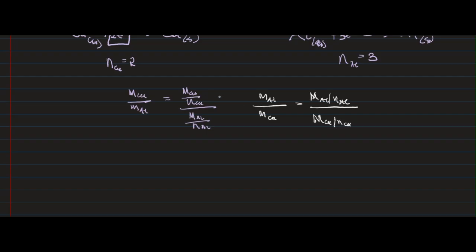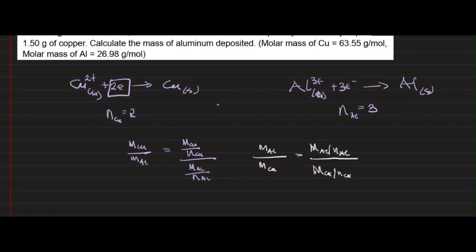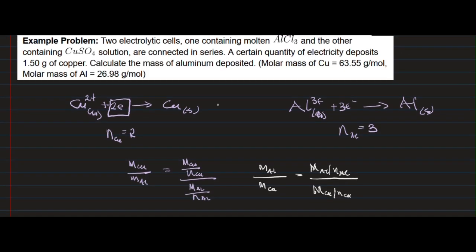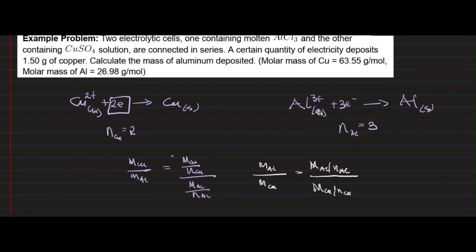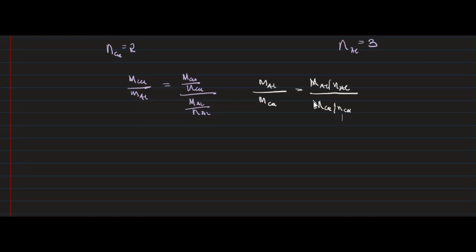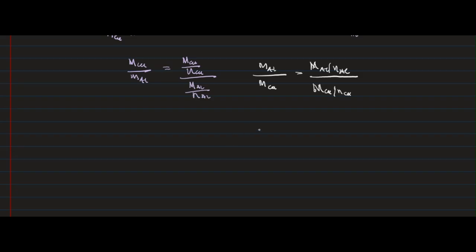So in the question, we were given what? We were given the mass of copper deposited, which is 1.5 grams. So we can plug that in. The mass of Al is not given, but the mass of copper is 1.5 grams.